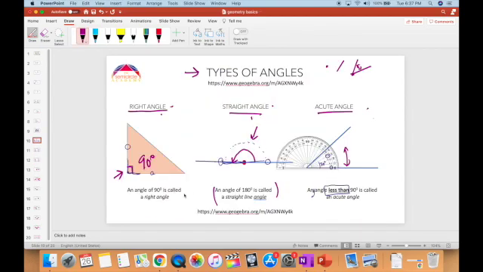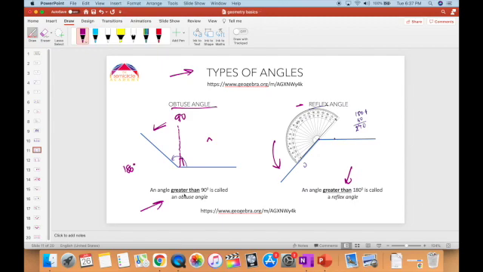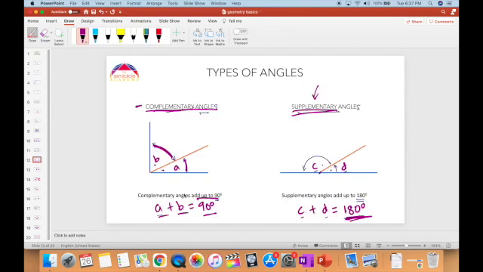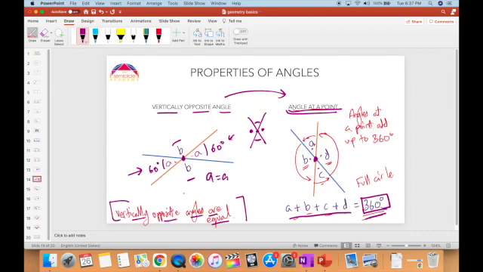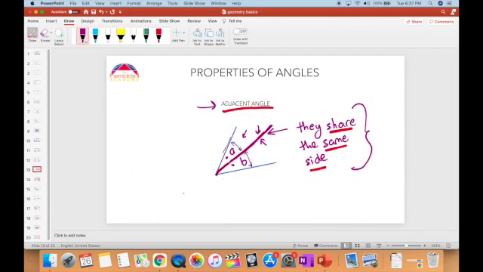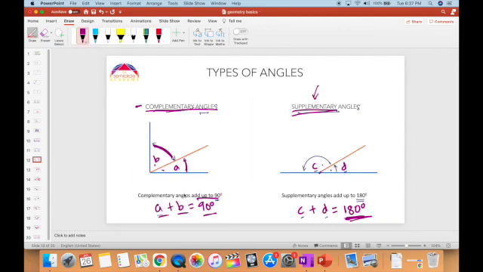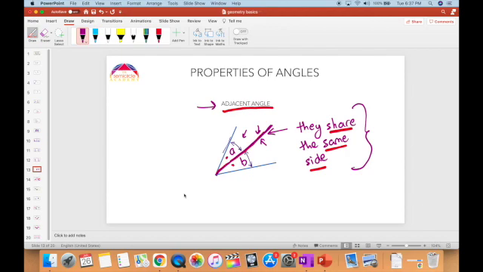So just a recap, just to see what we're looking at here. Types of angles: right angle, straight angle, acute, obtuse, reflex, complementary, supplementary, adjacent angles having the same sides. We have vertically opposite angles and angles at a point. So by the way, we had types of angles. Now you see we're getting into the properties of angles.